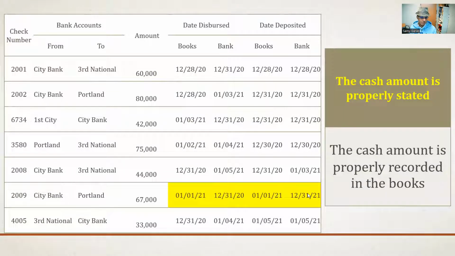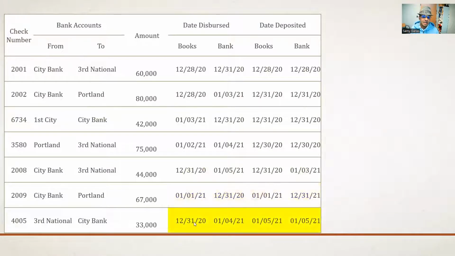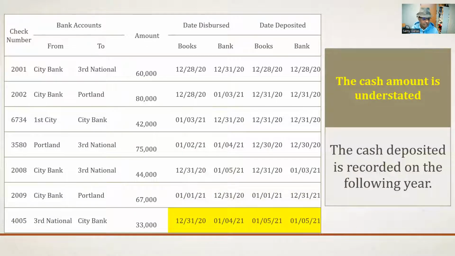So here we say properly stated, similar to the previous one. So if the payment in the bank is in a different period, it should not affect our cash balance. The last one, the payment in 2020, but the receipt in 2021. So this will understate our cash in 2020 and overstate it in 2021.